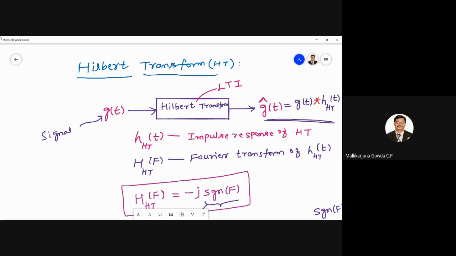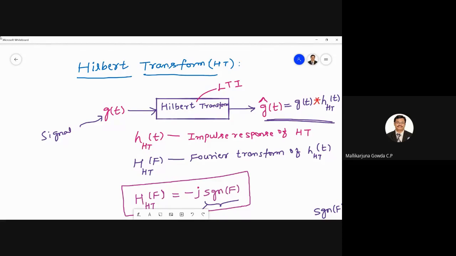One is by using frequency selectivity, which is done by using Fourier transform, and another way of separating the signal is by using phase selectivity. That is done by using Hilbert transform. So basically, Hilbert transform provides a phase shift for the entire signal, providing minus pi by 2 radians for positive frequencies of the signal.